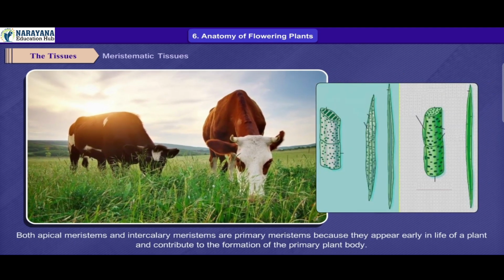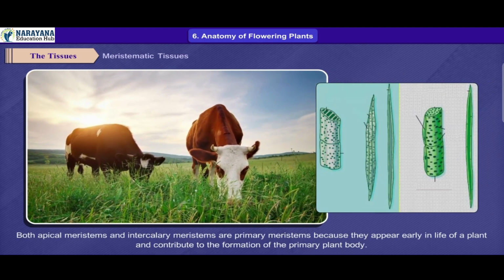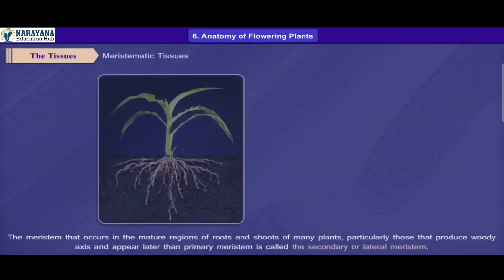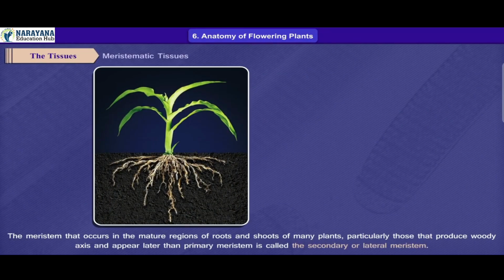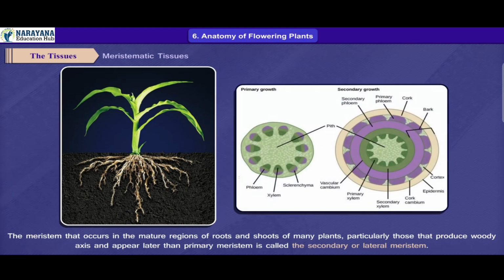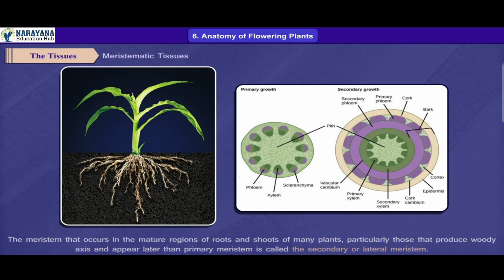Both apical meristems and intercalary meristems are primary meristems because they appear early in the life of a plant and contribute to the formation of the primary plant body. The meristem that occurs in the mature regions of roots and shoots of many plants, particularly those that produce woody axis, and appears later than primary meristem, is called the secondary or lateral meristem.